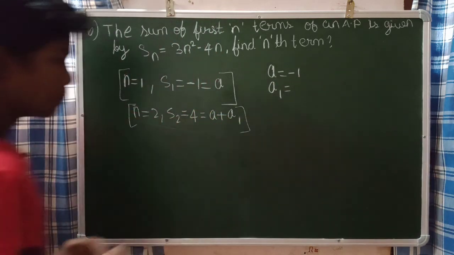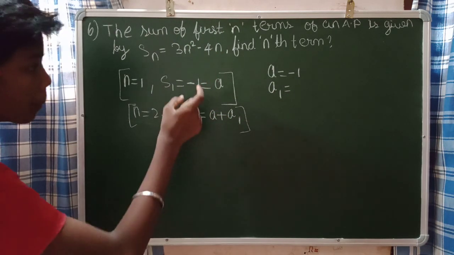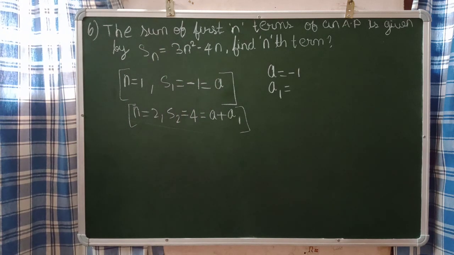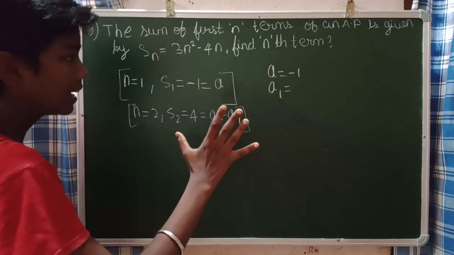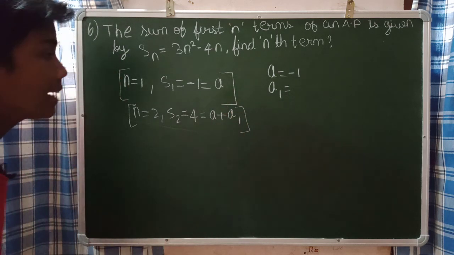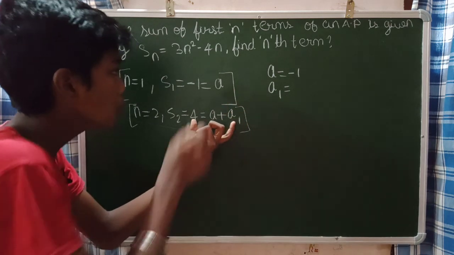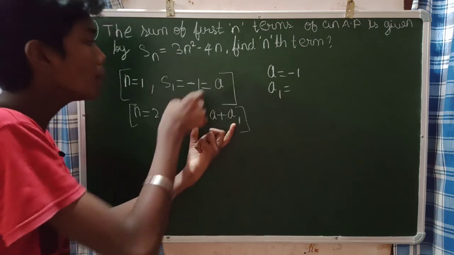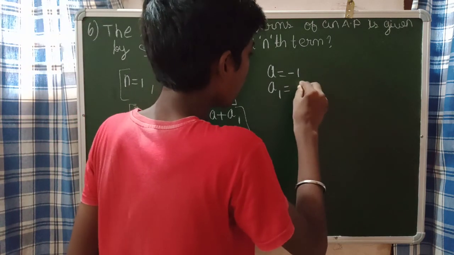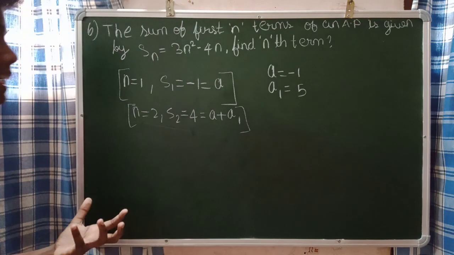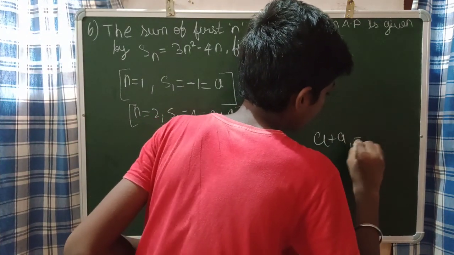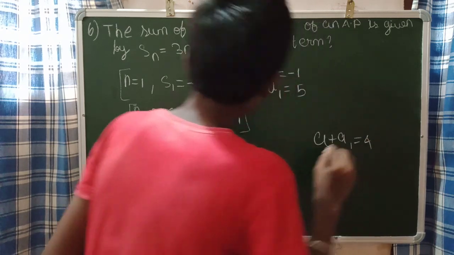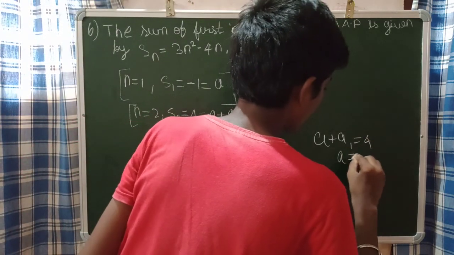a1 will be nothing but 4 minus of minus 1. If your a is equal to minus 1, then your a1 will be this value minus this value. So 4 minus of minus 1 will be 5. Why am I saying that? Because we know that a plus a1 is equal to 4, and a is equal to minus 1.